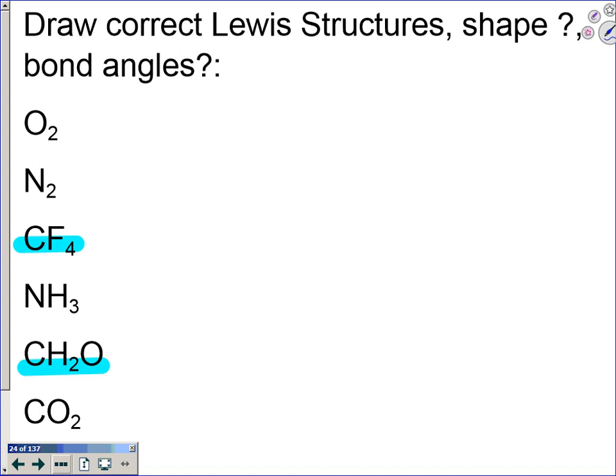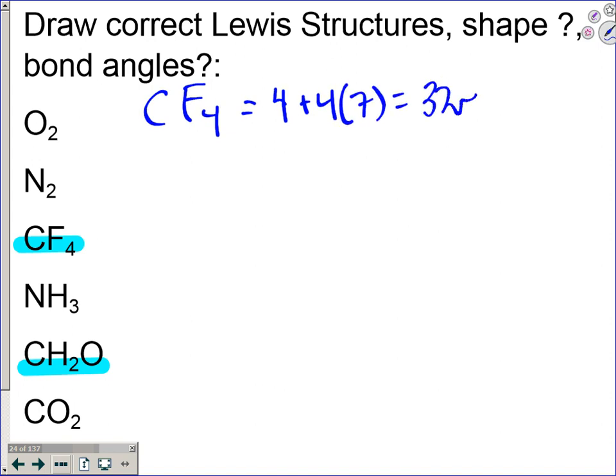Count valence electrons. That is the first step, and I swear to you, it's the most important step, because at the end you have nothing to reflect on if you don't know how many were supposed to be there in the first place. So carbon tetrafluoride has how many valence electrons? That's 4 from carbon plus 4 times 7 from fluorine, so 32 valence electrons. And how does your skeleton look?